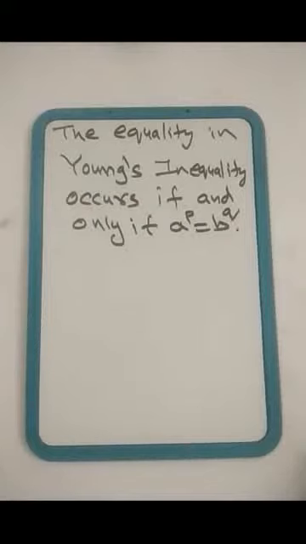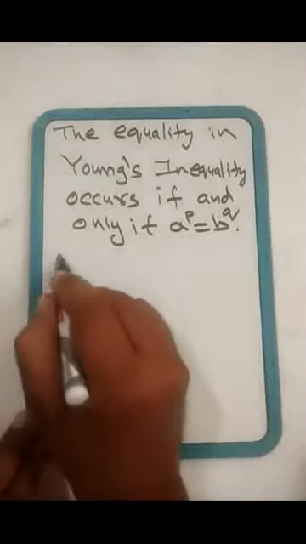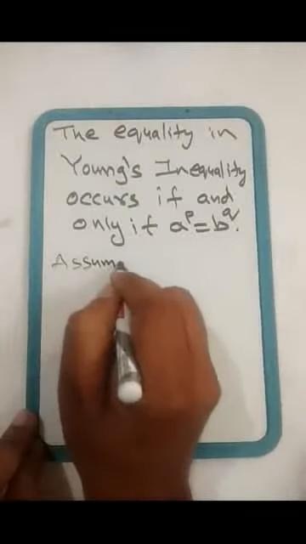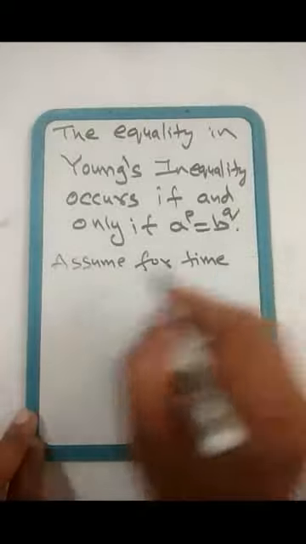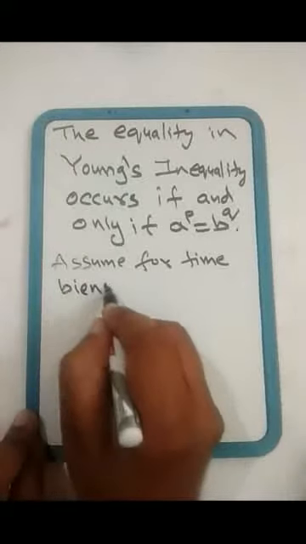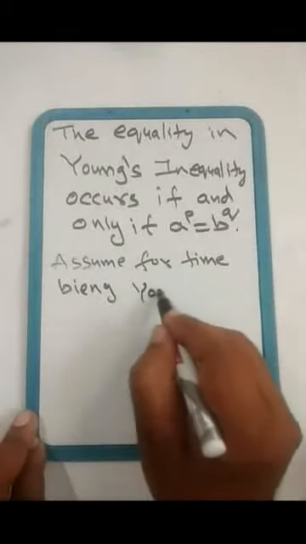So before proving Young's inequality, we'll try to show this case, that if it is equal, then this condition is satisfied. So let's assume for the time being Young's inequality is true.